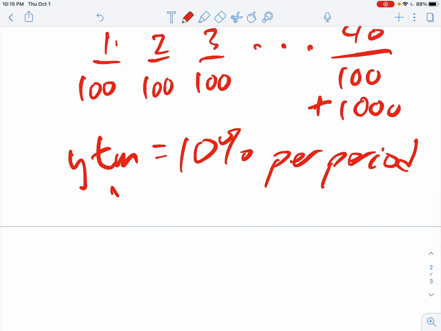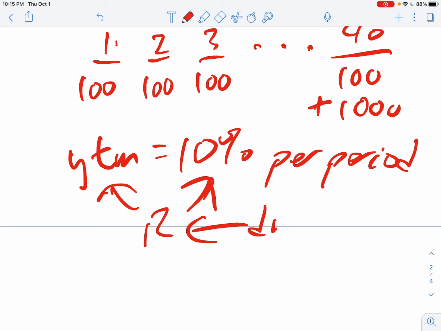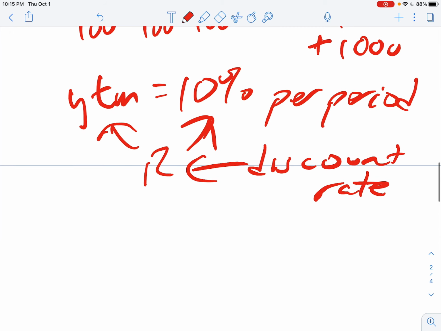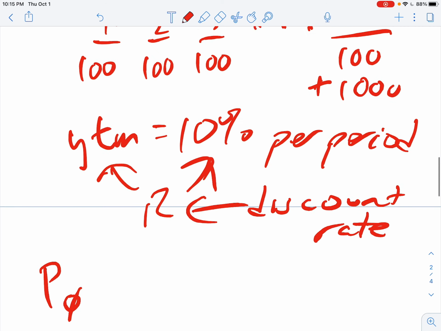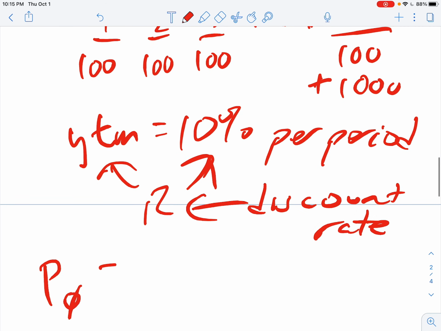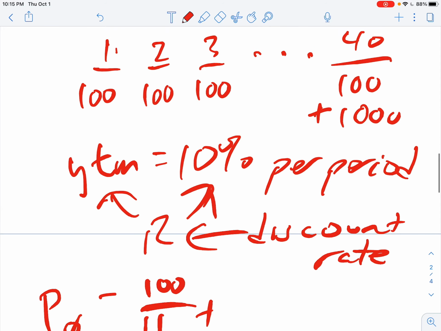Well, this yield to maturity, 10%, is going to be our discount rate, R. Okay, it's going to be a discount rate. So that means the price of the bond right now, say at date 0, will be equal to, we could look at the cash flows individually, 100 divided by 1 plus R to the first power, which would be 1.1, plus this second cash flow.